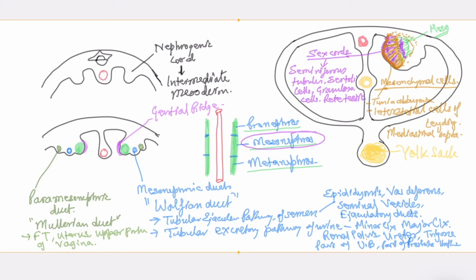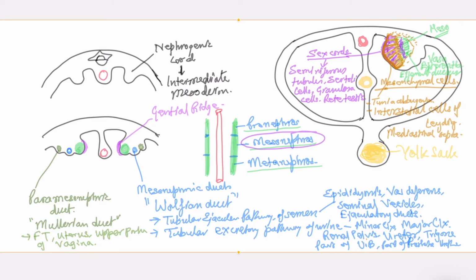Now the rete testis is also formed by the canalization of the sex cords. All of these colors I have used to mention the structures derived from different portions of the nephrogenic cords. I hope you've understood the origin of different types of cells. Now lastly, what remains is the mesonephric tubules. These mesonephric tubules will form efferent ductules, also called vasa efferentia.